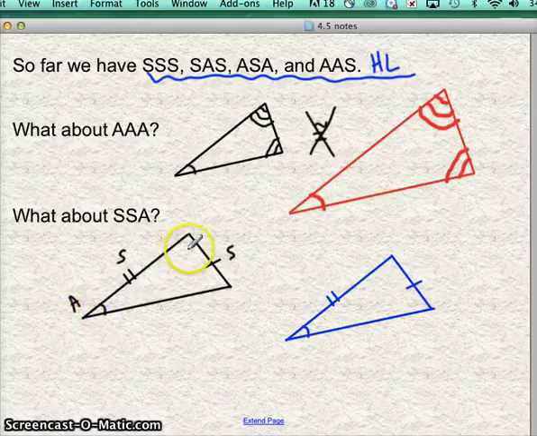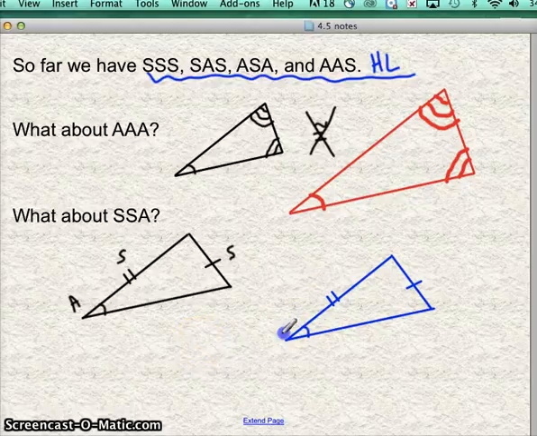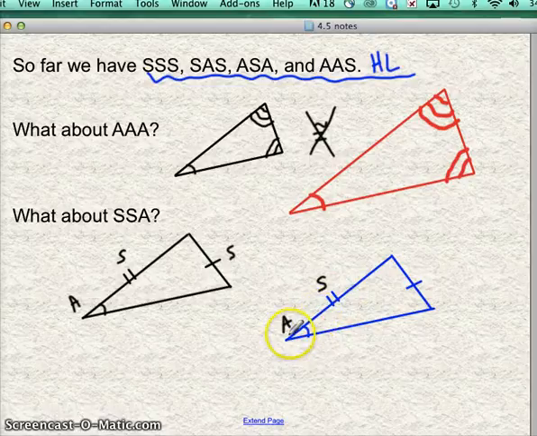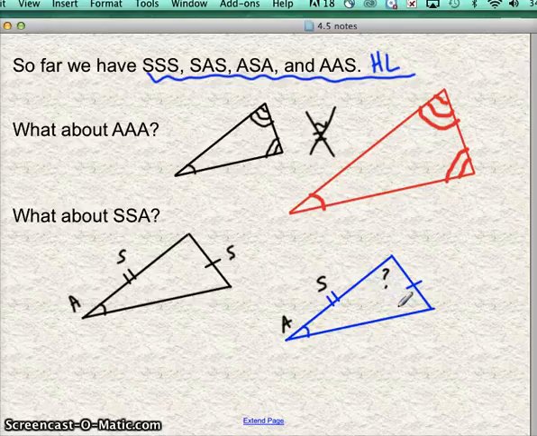The angle's not in between the two sides. Well, this angle is fixed in place, and this side length is fixed in place. They are stuck together. But there's nothing saying that that angle couldn't change and that this side length couldn't change.